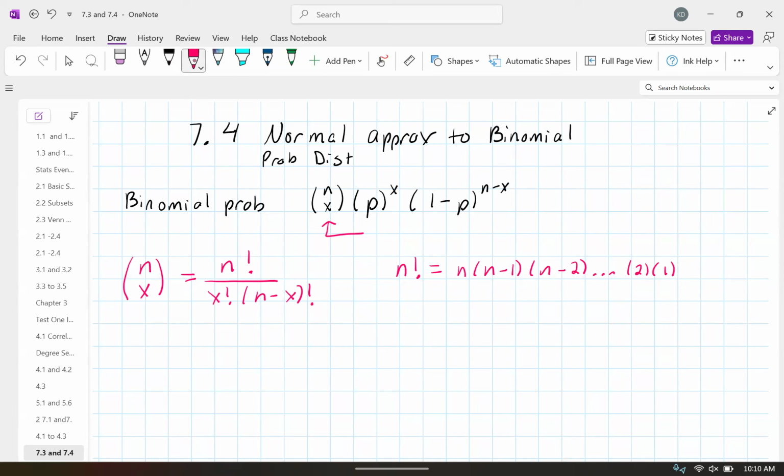It looks way more complicated than it actually is. So let's just, for funsies, calculate 5 factorial. This would be 5 times 4 times 3 times 2 times 1. So 20, 60, 120.